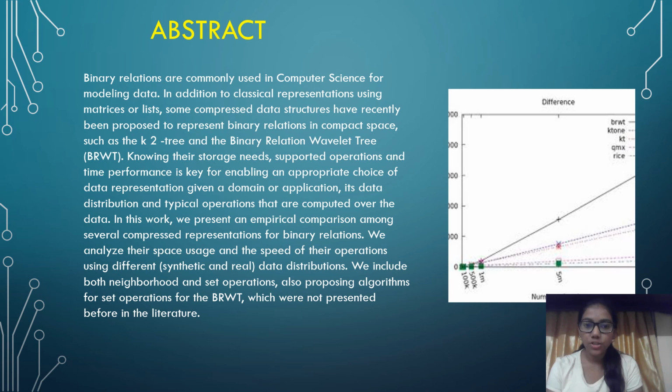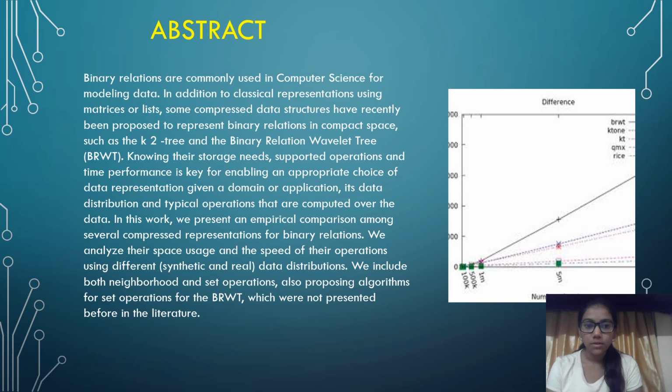Knowing their storage needs, supported operations and time performances is key for enabling an appropriate choice of data representation given a domain or application, its data distribution and the typical operations that are computed over the data.